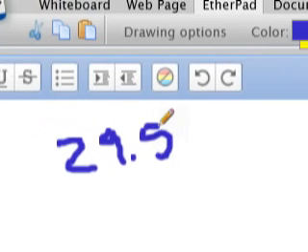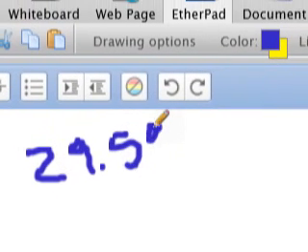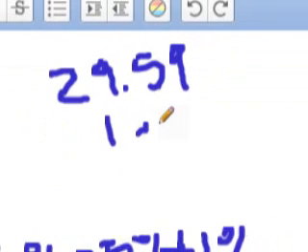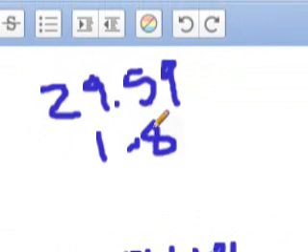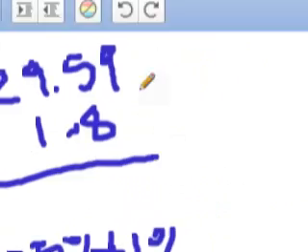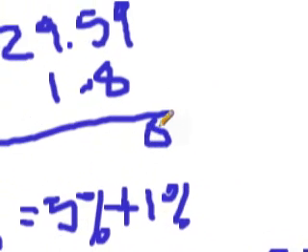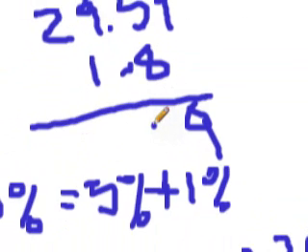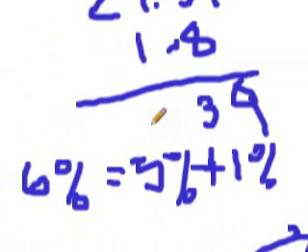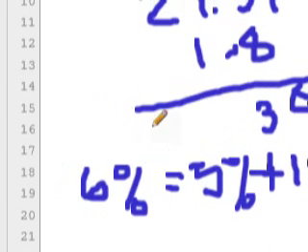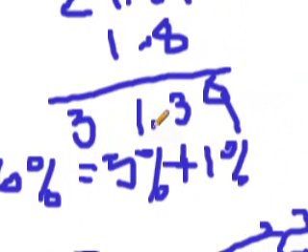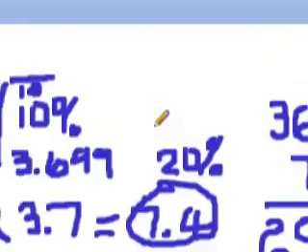So it's $29.59, that's the price after discount, plus the tax, 1.8 by approximation. I have 9 here, 3 here, and the total is 31.39 by approximation.